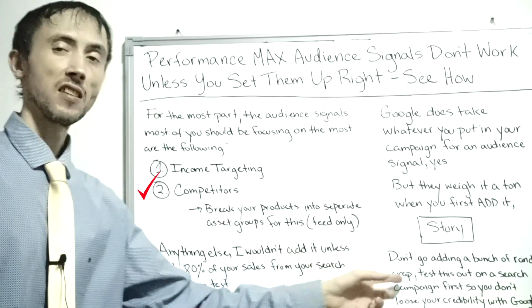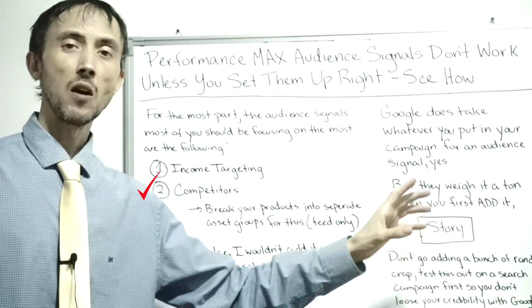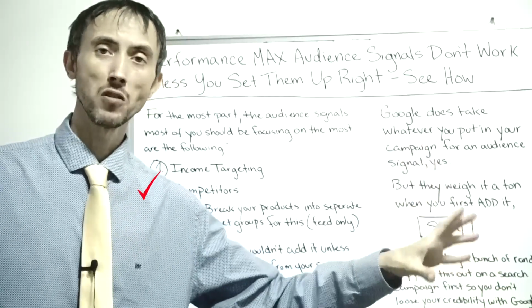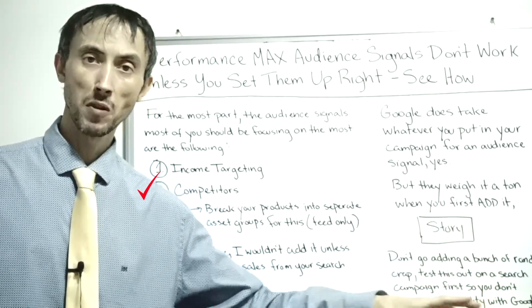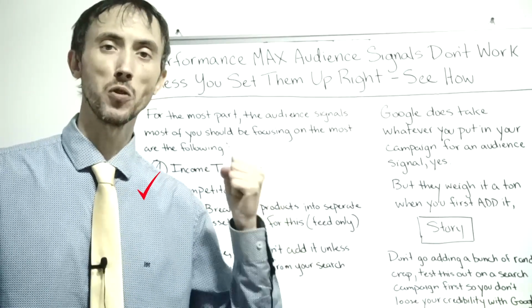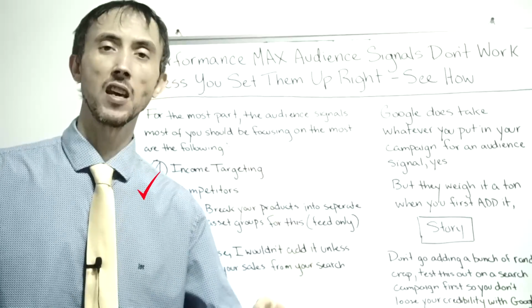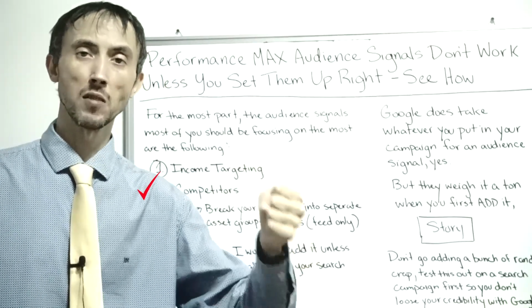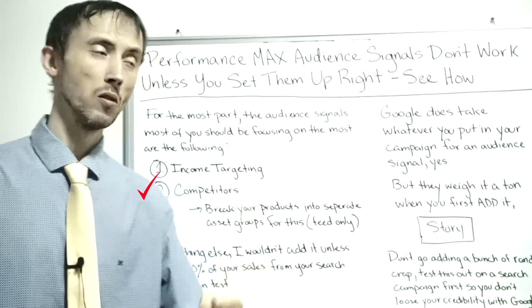So you should test out a search campaign to find out if that's true, that 80% or more of your customers are in the top 20% of income demographic, and then use that as your audience signal, and that'll get you much better results with your PMAX campaign basically right away. Shortcut the time for results, as I mentioned, that audience signals do.